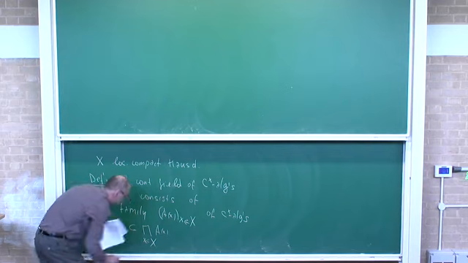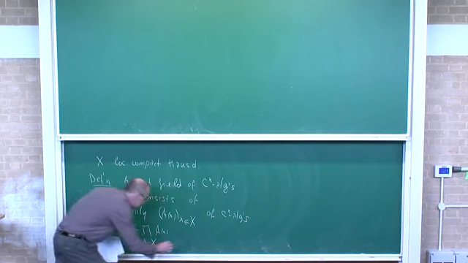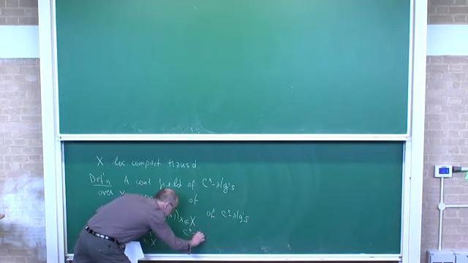So we have these standard constructions, the product of a family of C-star algebras, and A would be a C-star subalgebra.